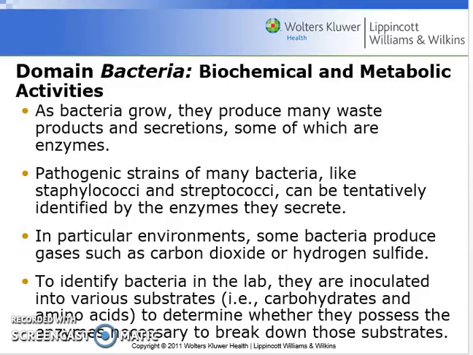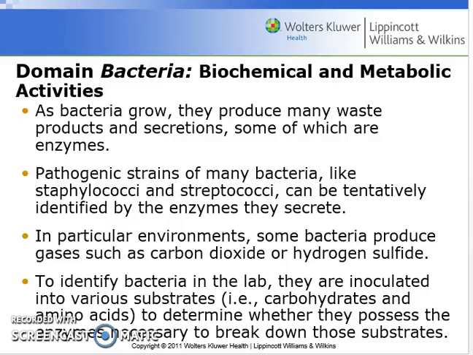In that environment, the bacteria will start to produce waste products or secrete materials such as enzymes. Then, through a bit of manipulation, we can use indicators to help us figure out if those particular enzymes, proteins, or products are being produced by the bacteria.